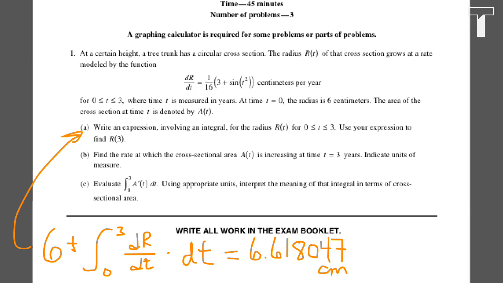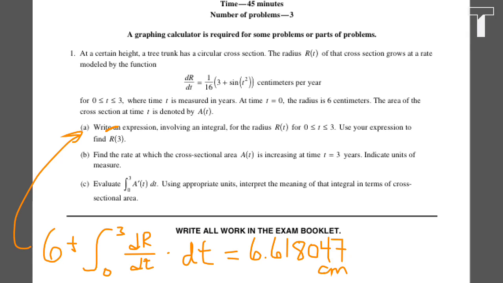If I know how fast the radius of this tree trunk is changing, and I know that right now, at time 0, the tree trunk's radius is 6, I can use what's called an integral. Essentially, it's a big antiderivative, to figure out how long the radius is after 3 years.